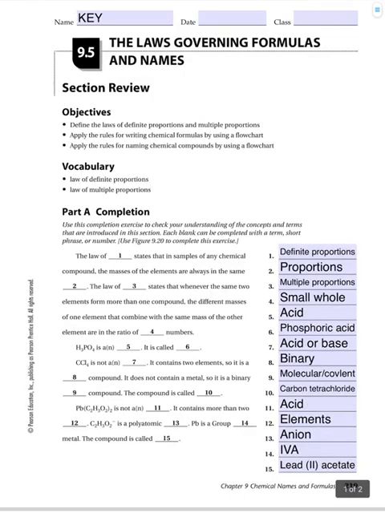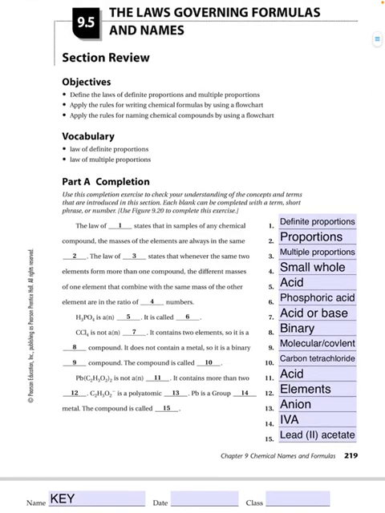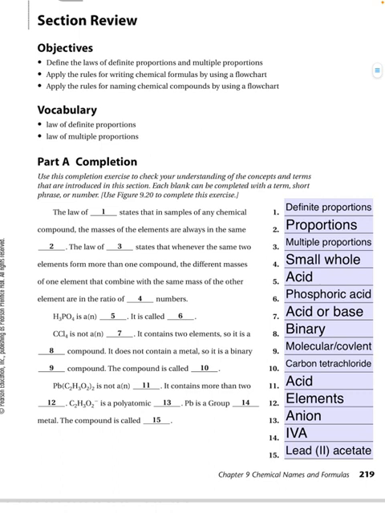I will just quickly go through it from a review standpoint. You can do a screenshot or open up yours and start using my answers as you wish. Anyway, the law of definite proportions, number 1 is definite proportions, states that in samples of any chemical compound, the masses of the elements are always in the same proportions.